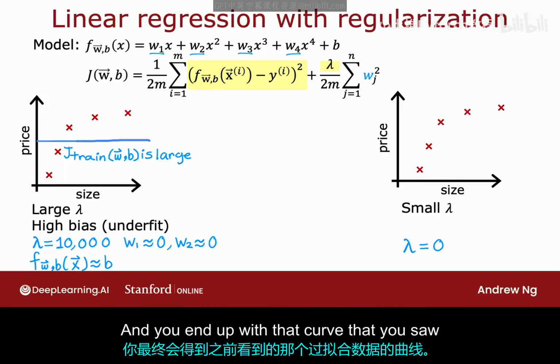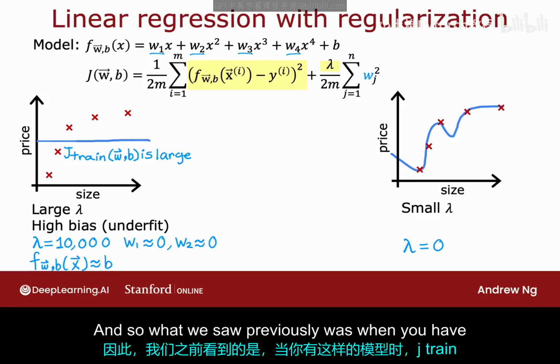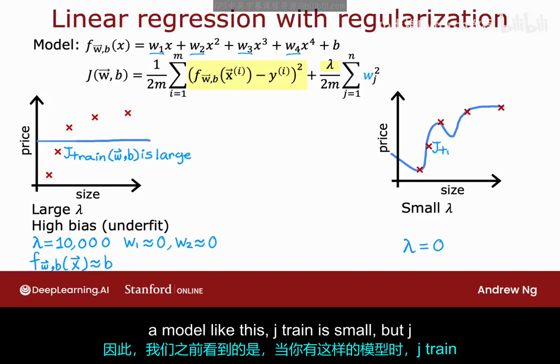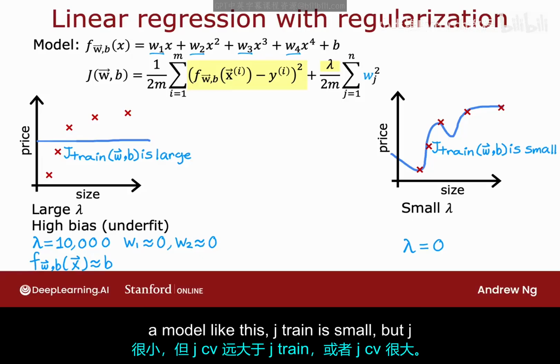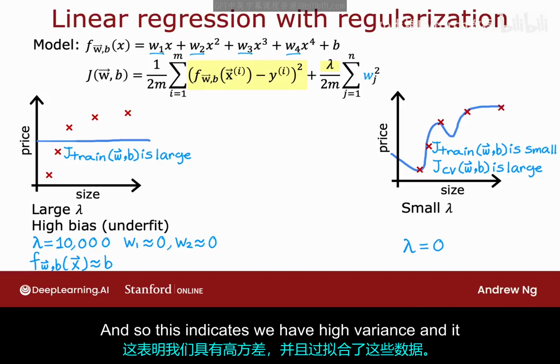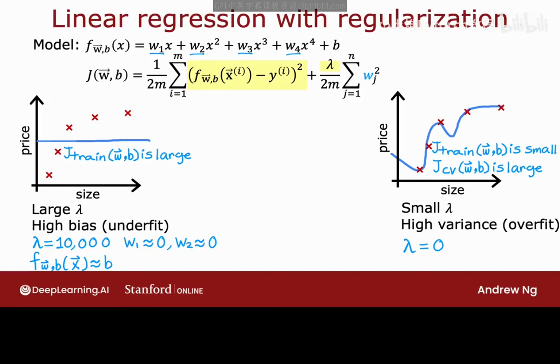And you end up with that curve that you saw previously that overfits the data. What we saw previously was when you have a model like this, J-train is small, but JCV is much larger than J-train, or JCV is large. And so this indicates we have high variance and it overfits this data.